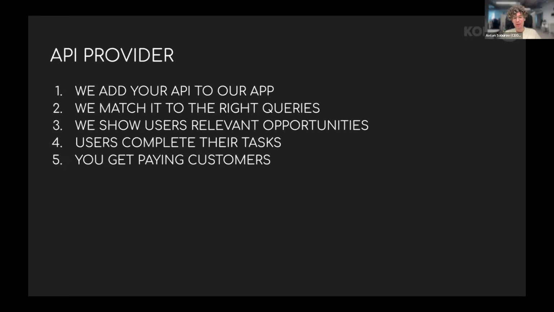For example, if users ask how to build a beautiful presentation, we can give them a choice: they can go to your app, or they can make the presentation in our app, and we use your tokens or resell tokens, depending on the business model, and you can get paying customers. You don't need an application. You can use our application and promote your API through it.